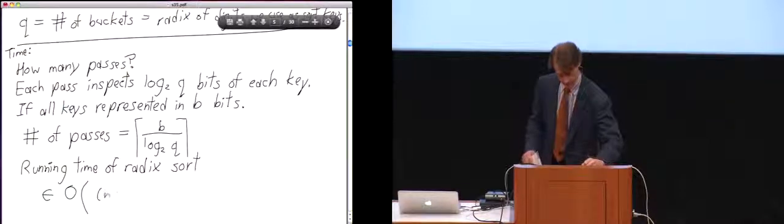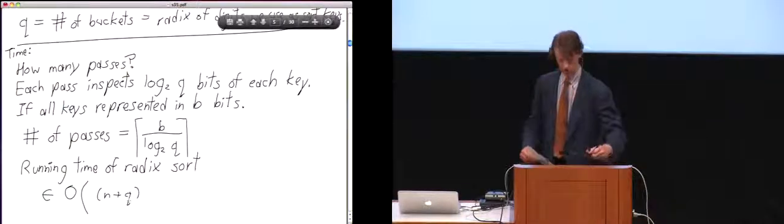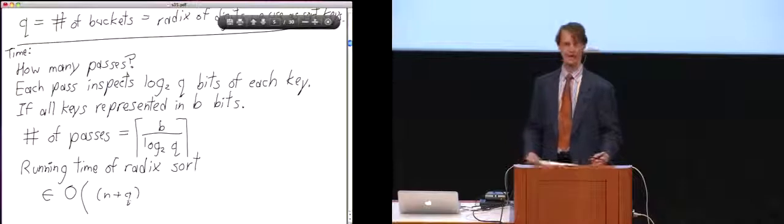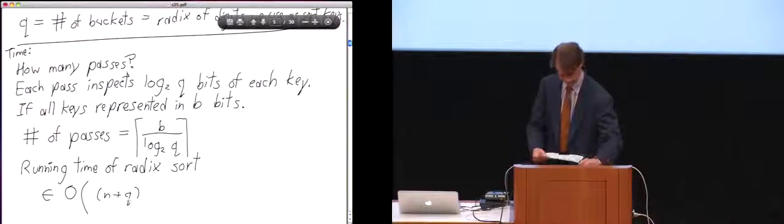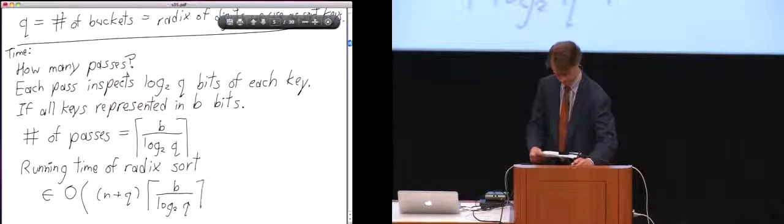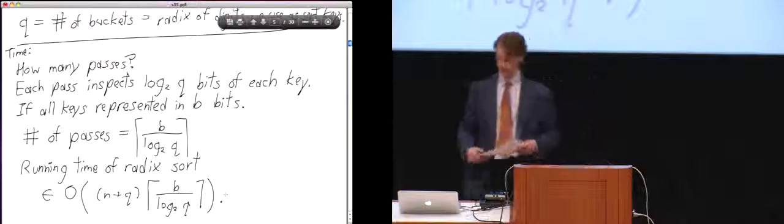It takes n plus Q time. And now you multiply it by the number of passes of bucket sort we have to do, which is this ceiling of B over log of Q. And that is the running time of radix sort.